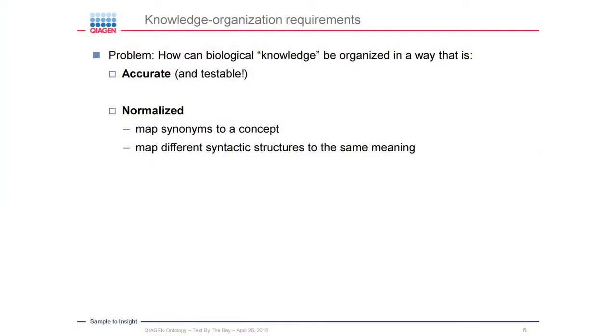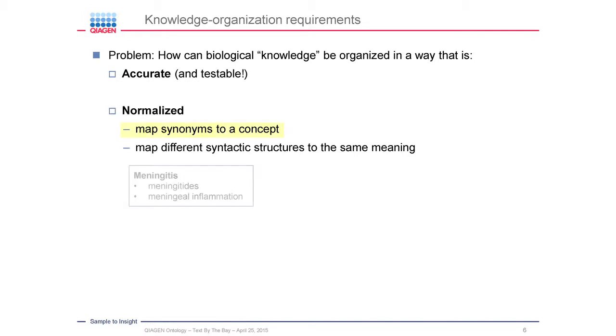One way that we mean that is that we want to be able to map synonyms to a concept. So we're modeling concepts, but we want to have many of the terms that are used to refer to those concepts, so that we can recognize across different data sources that a term is referring to the same thing. We also, at a somewhat higher level, need to be able to map different syntactic structures to the same meaning.